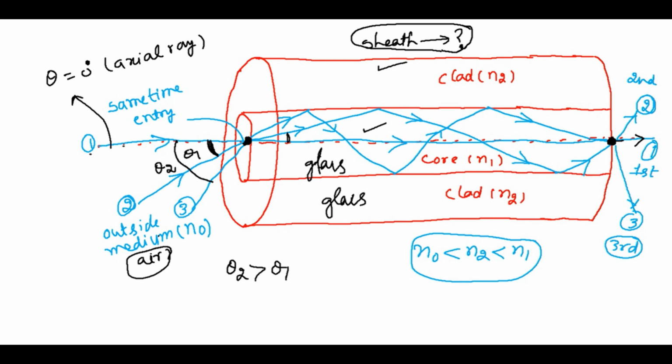So this angle, the angle of refraction, I can call it R1, will be smaller than this angle theta 1, because the ray of light has to bend toward the axis or toward the normal.